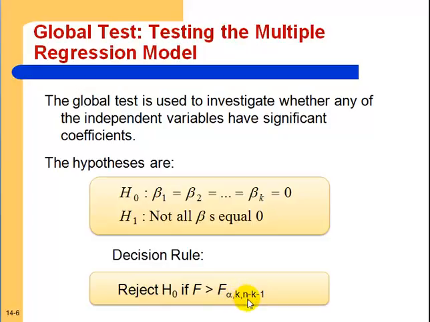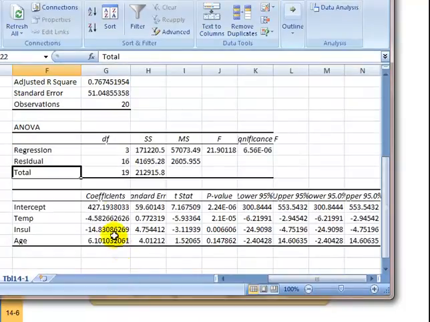We can get these numbers in the analysis output. The k number is the number of independent variables, and n is the sample size. If these two numbers are not given in the question, then you can find them here.